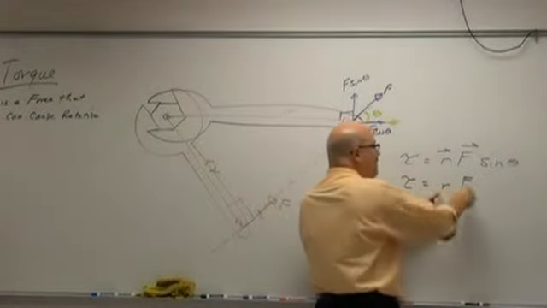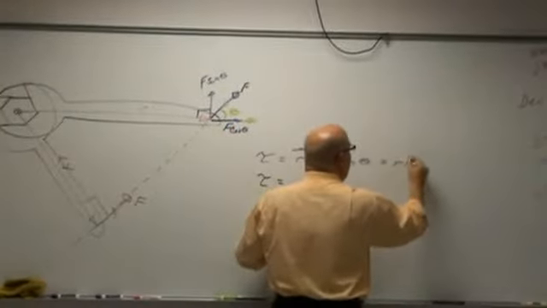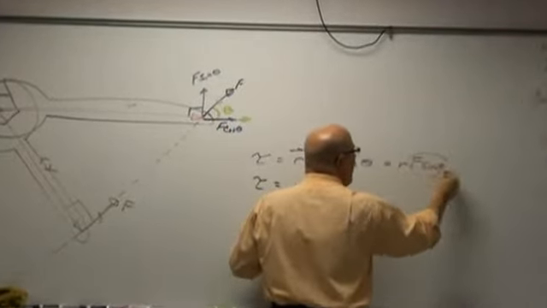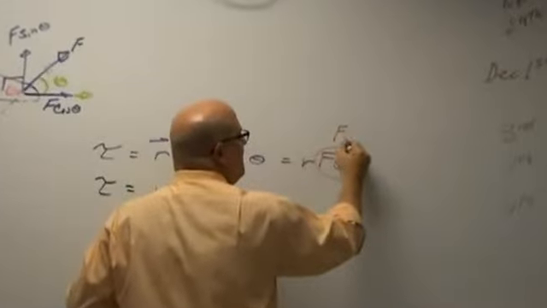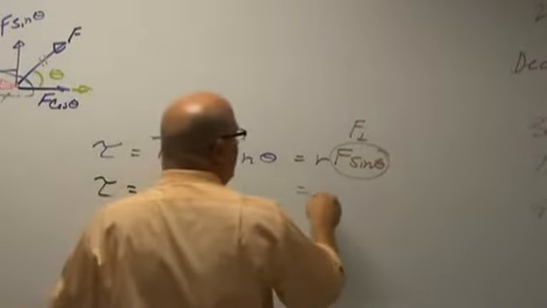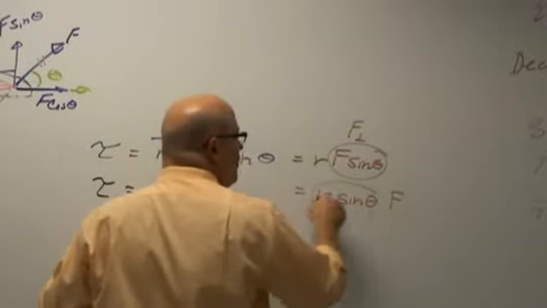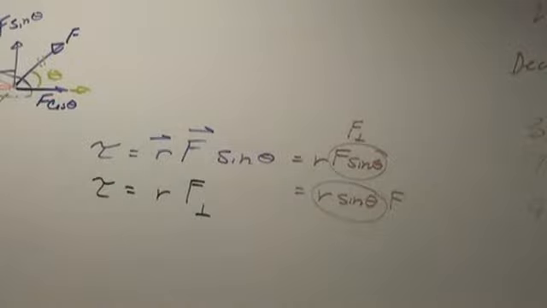What does this really mean? This is R F sine theta, but F sine theta is the perpendicular force, right? But what if we rearrange it this way? What if it's R sine theta times F? What's R sine theta?